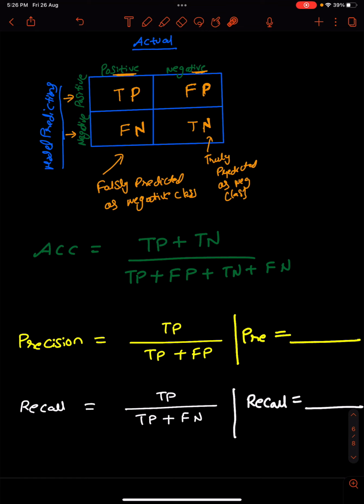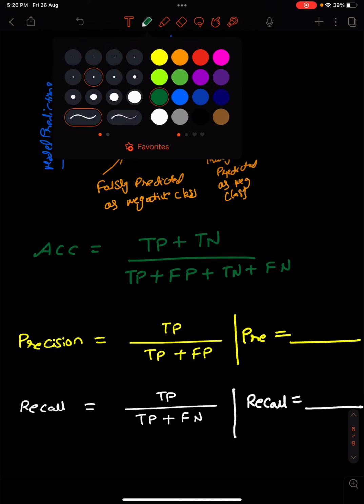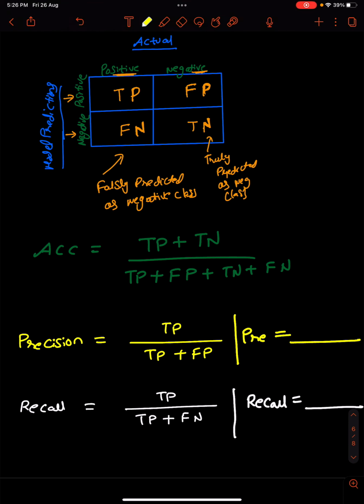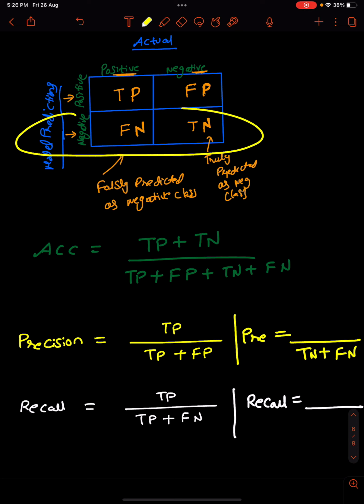Similarly, I can also check the precision for the negative class, that is, how many times did the model predict the negative class. That will be true negative plus false negative, because this is the total number of records where the model has predicted negative.